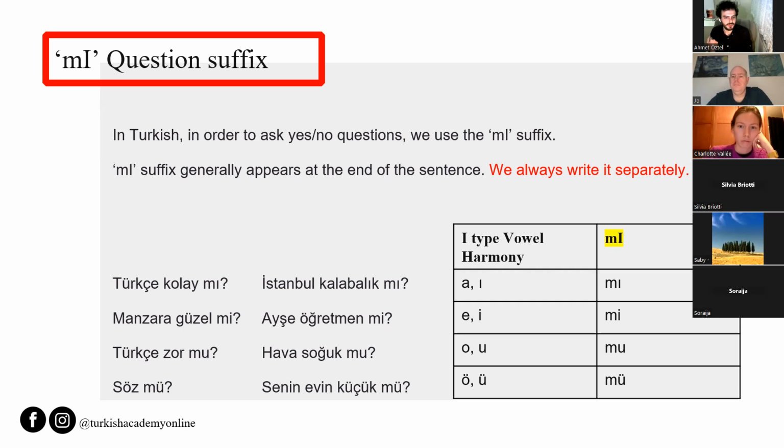So in Turkish, if you want to make a yes/no question, you need this m, mi, mu, mü suffix. That's all I need to make a yes/no question.